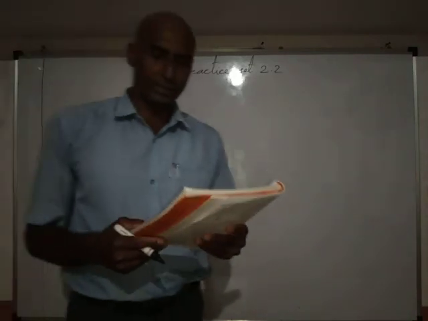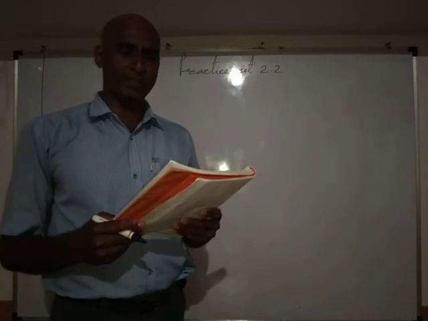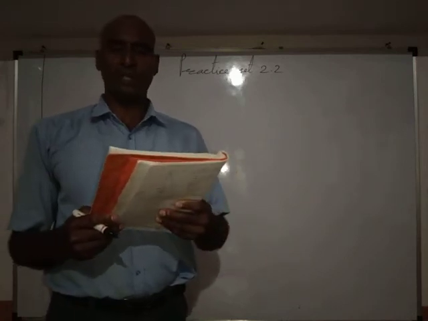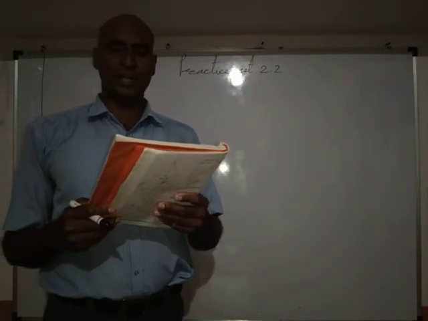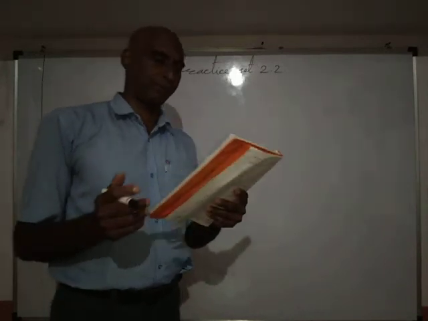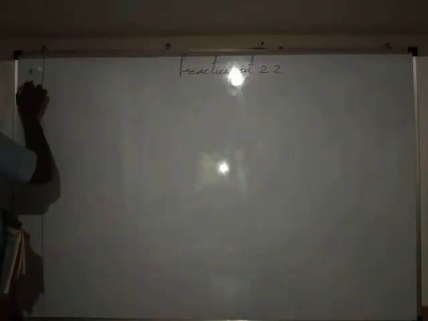Question fourth. In triangle ABC, point M is the midpoint of side BC. If AB square plus AC square equals 290 cm square, AM equals 8 cm, find BC. Solution.